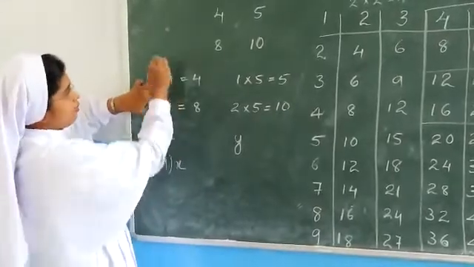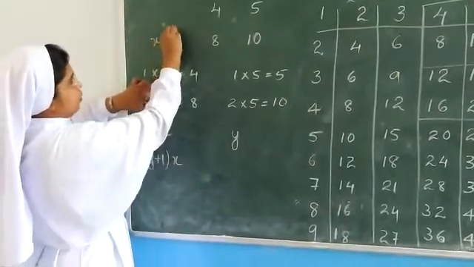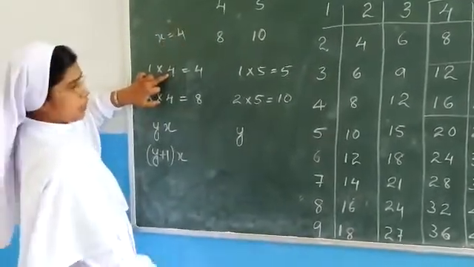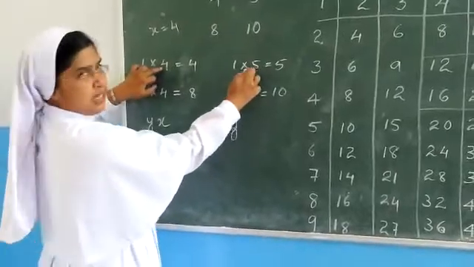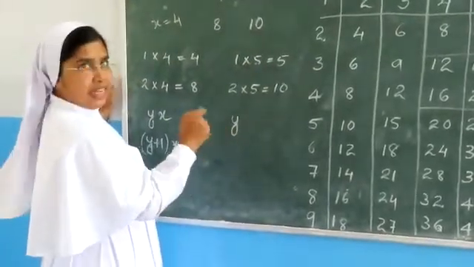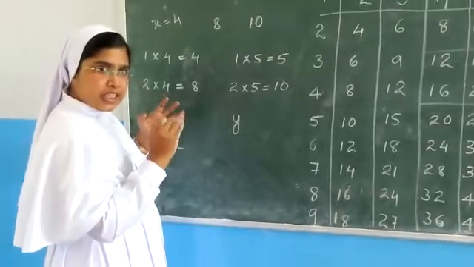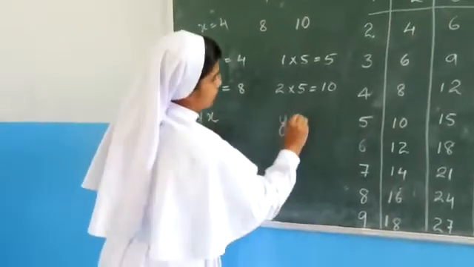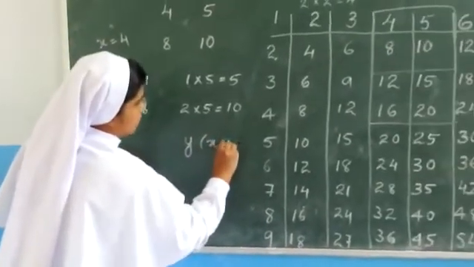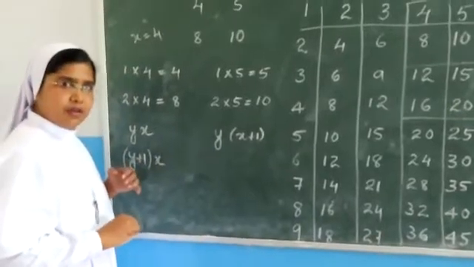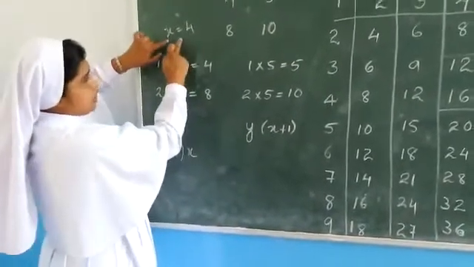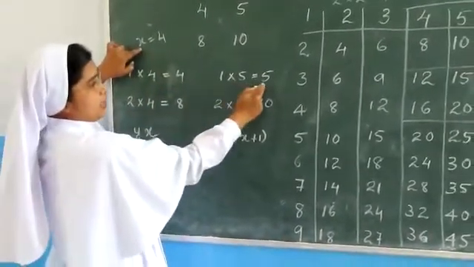Keep in mind, x is equal to 4. Here it became 5. So how will I write in relation with the x? It is x plus 1. Alright, here x was 4. Now here it is 5.